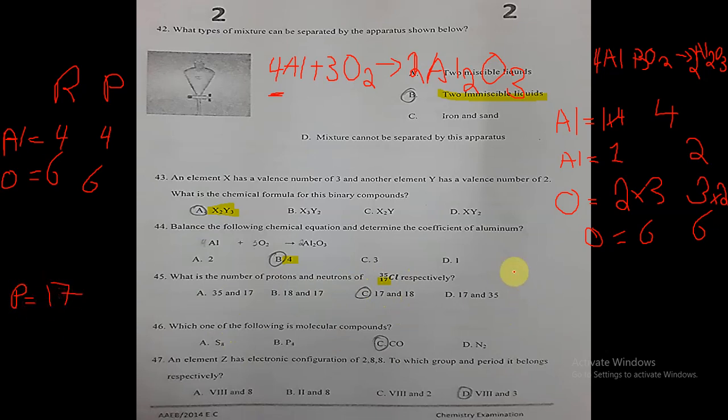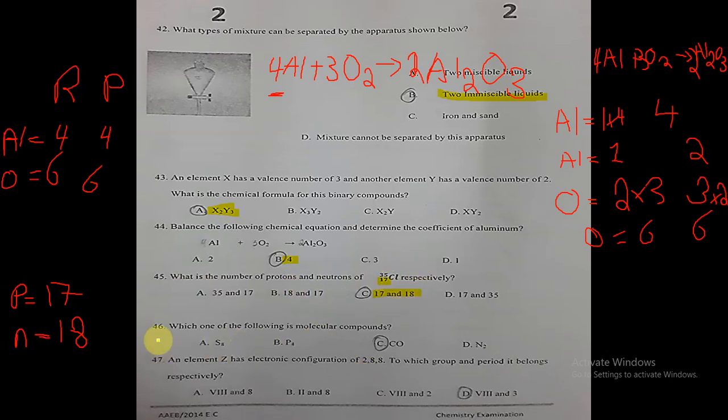But to find neutrons, it will be 35 minus 17. So that means neutrons is equal to 18. That means the correct answer for question number 45 will be choice C, 17 and 18 respectively for protons and neutrons.